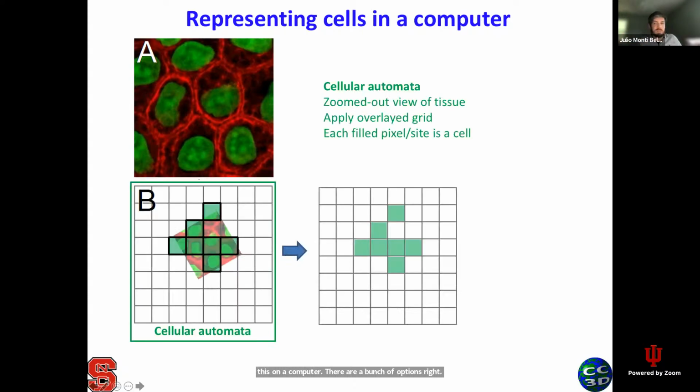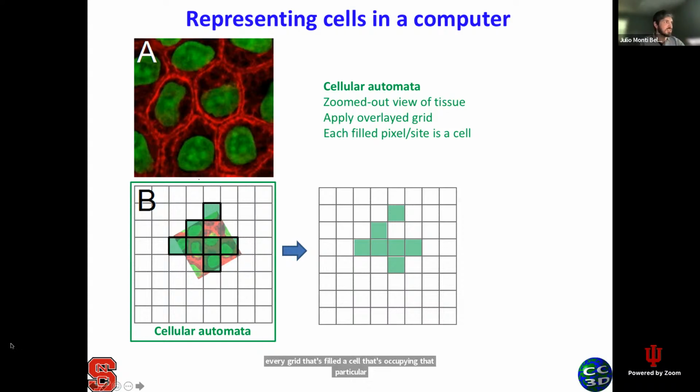One of them, going more or less historically, is using what's called cellular automata type of models, where your cells are in discrete space. So let's just use a grid, and every grid site that's filled represents a cell that's occupying that particular space.